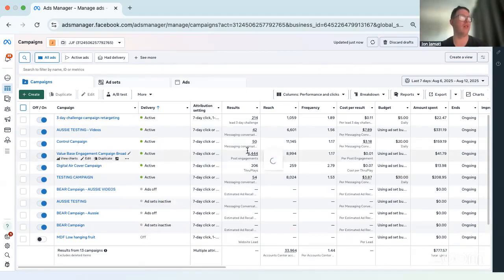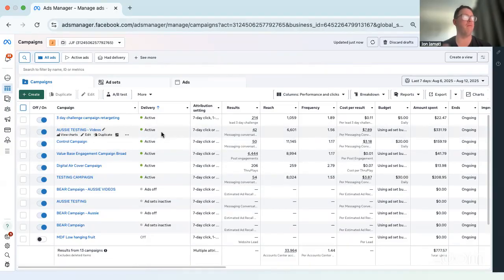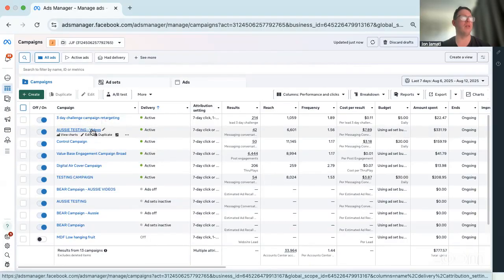Okay, I'll do that. So I've tweaked the messaging; I went for more mums in Australia. The cost per message is higher, but the quality is looking pretty good. I haven't closed anyone yet, but I'm seeing the people coming through and I'm like, okay, this is looking promising.